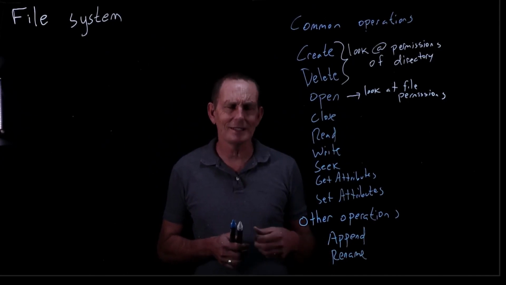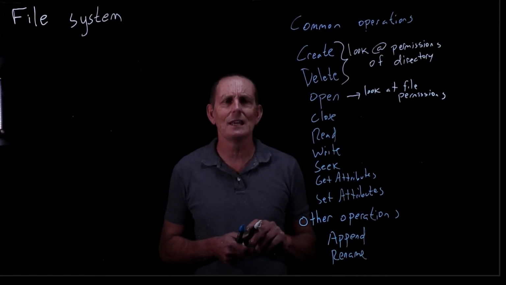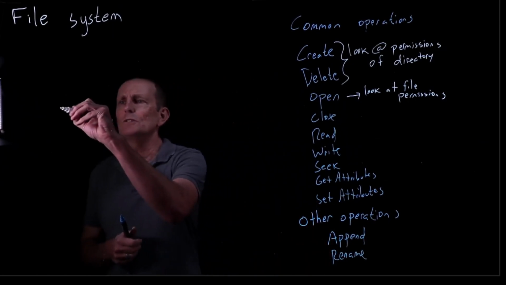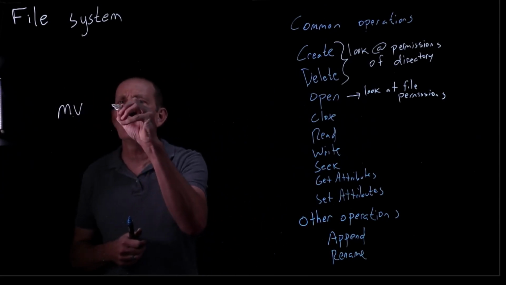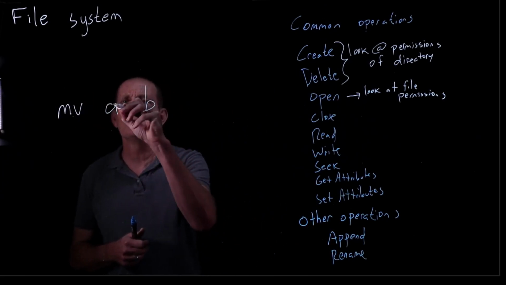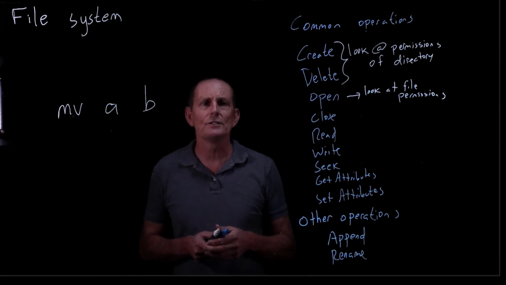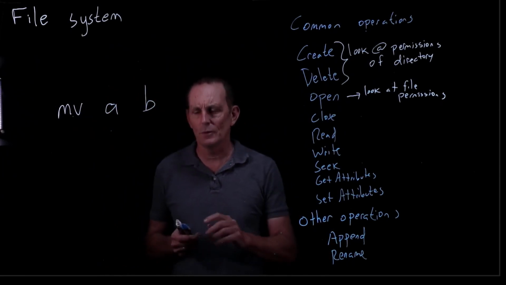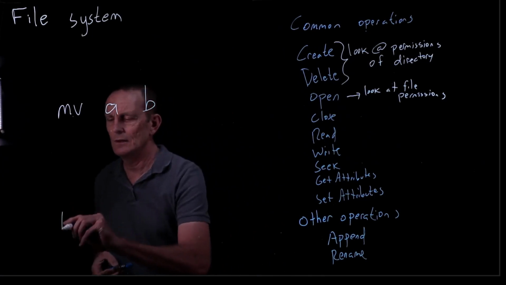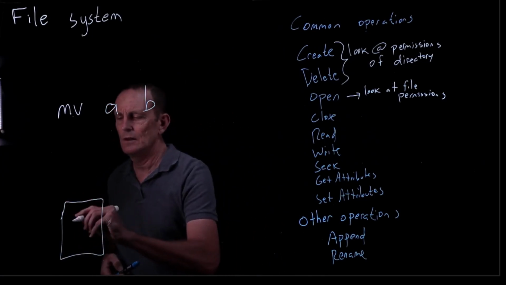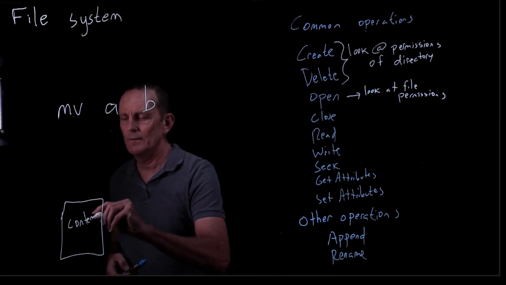Rename, Unix doesn't have. How exactly does a rename work, right? What happens when you do move A, B? Okay, so you want to rename A to B. What are the system calls that happen? Right, we've got a file. Here are the contents.